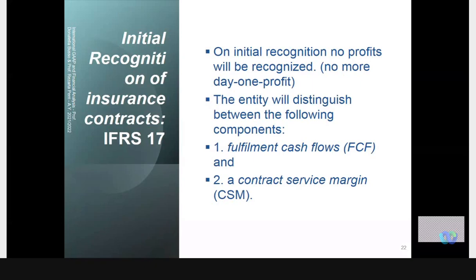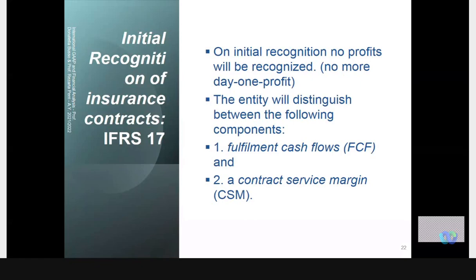And that is even the reason why we calculate fulfillment cash flows. We may consider the contract service margin as a kind of profit, long-term profit, total overall profit from the contract. Again, contract service margin, you may consider that as an expected profit from insurance contracts.